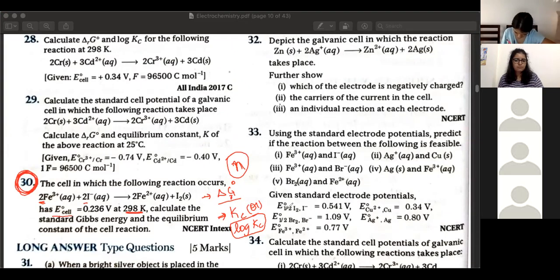Miss, don't we have to use anti-log here? That's why I said, if you got log Kc equal to something, send me that number. 7.983. Yes. If you found out Kc, that's okay. That's awesome.